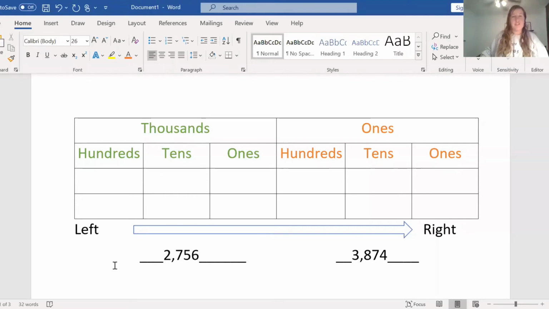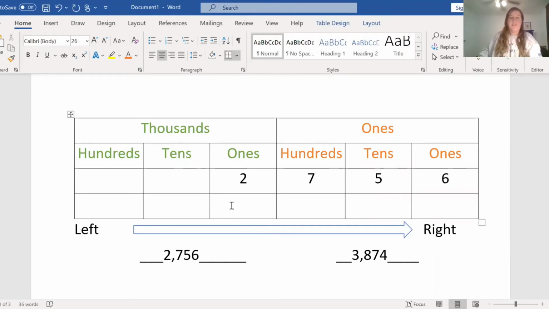All right, so here I've written two more numbers, another set right here. So let's fill this in on our place value chart and see if we can compare and determine which number is greater than, less than, or if they are equal to one another. So I have 2,756.